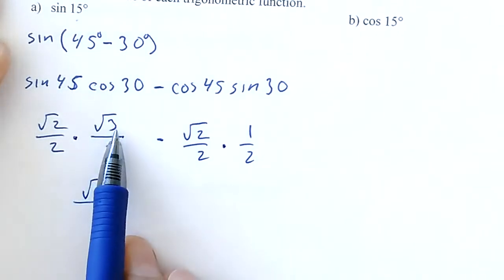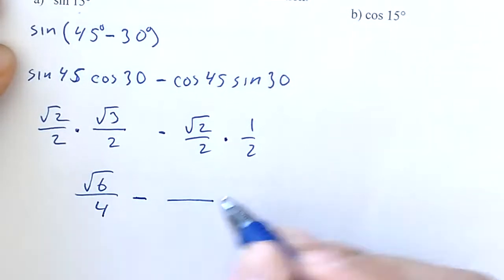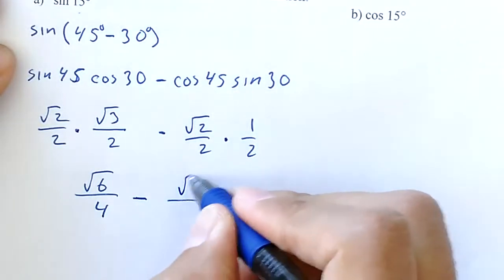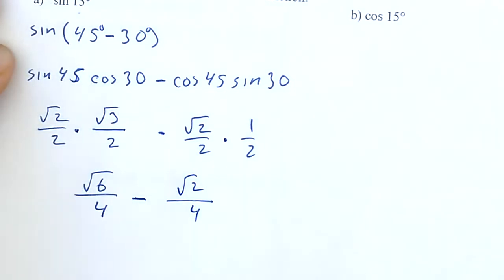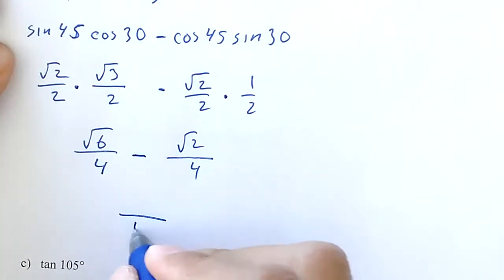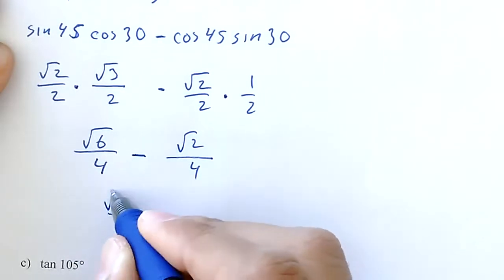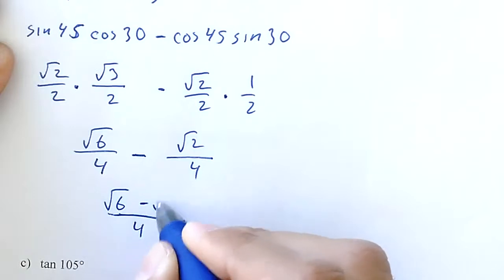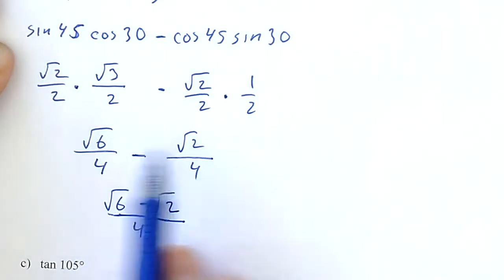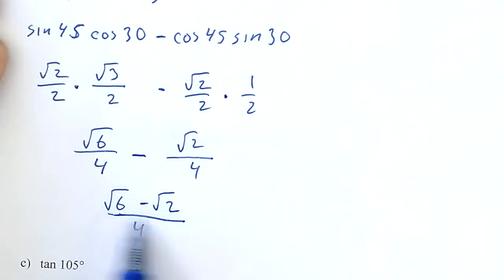We add 2 times we add 3, 2 times 2. I can multiply these together, and I can subtract. Fractions, I have the same denominator, so I keep the denominator 4 and I just subtract the numerator. Now, if we were in class, I would try to trick you guys, but I'm not going to. These are not the same, so you cannot subtract those. That's my answer.